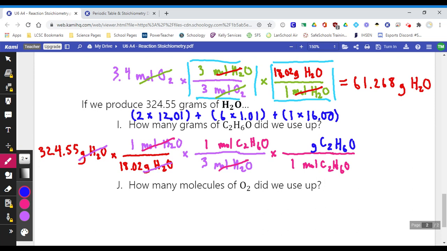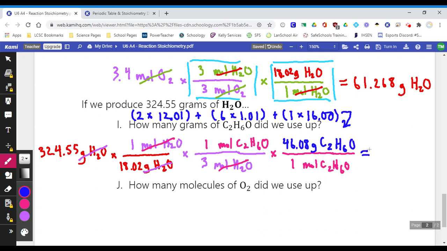It should come out to be a molar mass of 46.08 grams of C2H6O in 1 mole of C2H6O. And again, that's just adding up the 2 C's, the 6 H's, and the 1 O. Even though I might have said it wrong like 3 times.